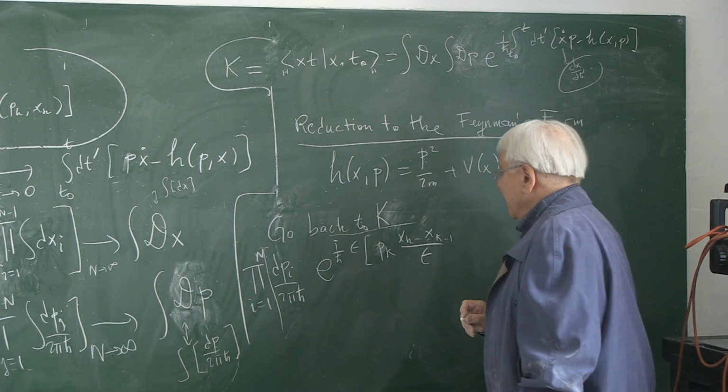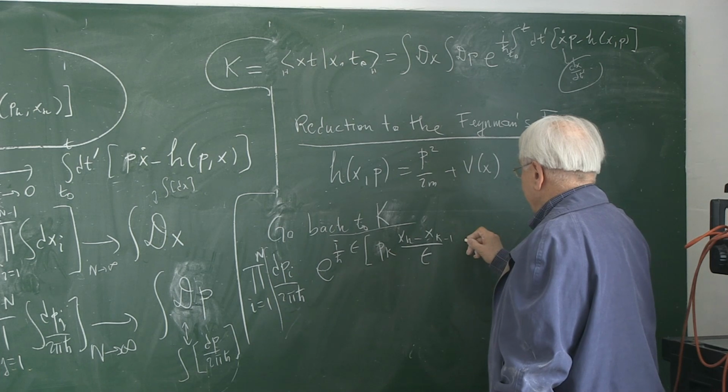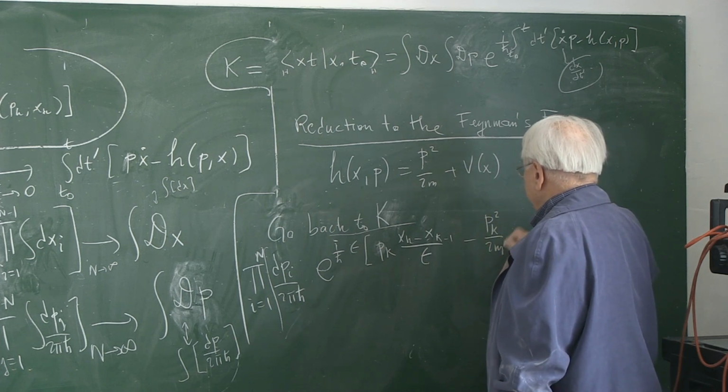That's what I have, minus pk squared divided by 2m.